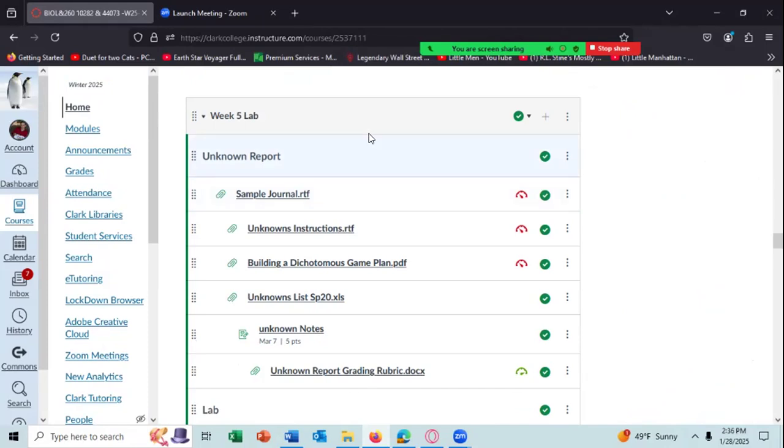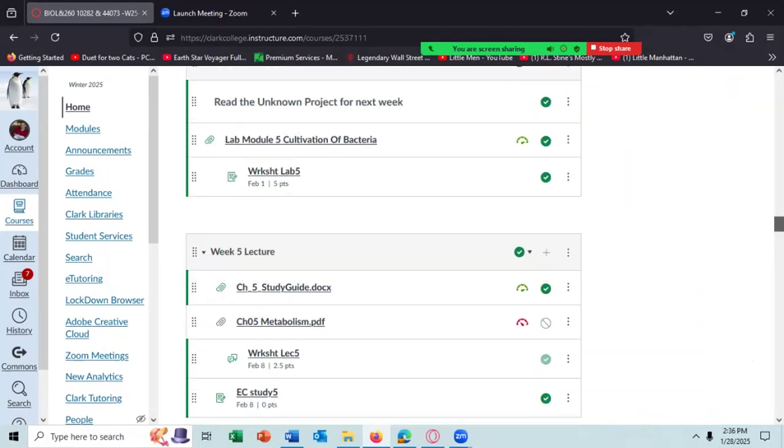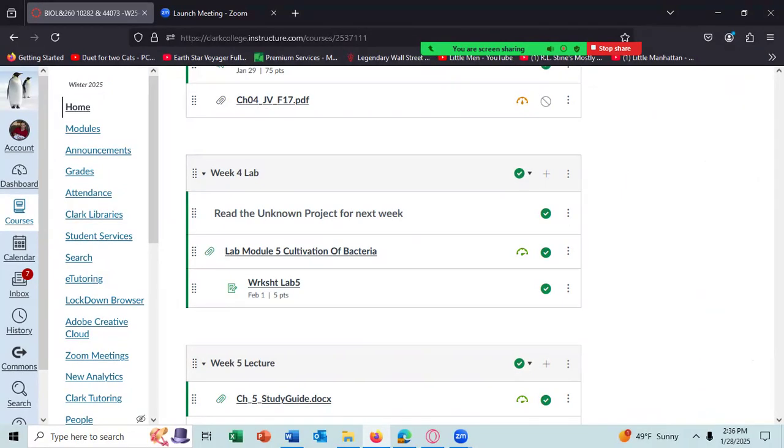So scroll down to week 5 lab and then the unknown instructions. This is the document to read. I got that there on the week 4 lab because that's where we are.